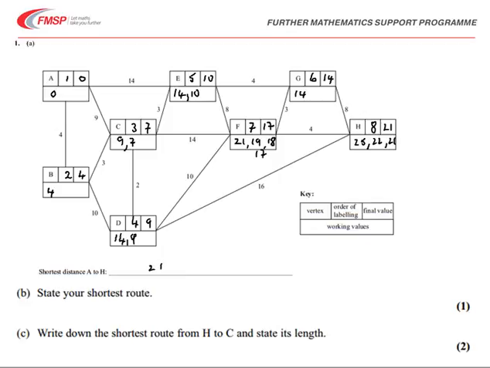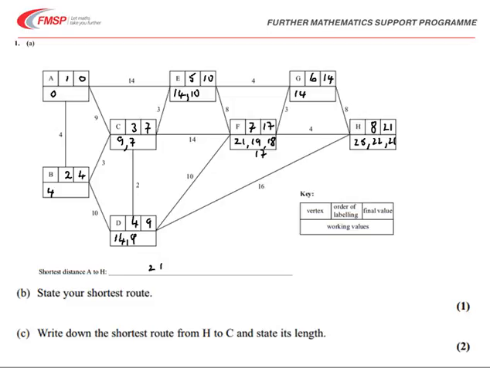And the shortest route, while working through our diagram, let's take another pen, we're going from H working backwards and looking for values from 21, taking away the values on the route to give us the value in the previous box.